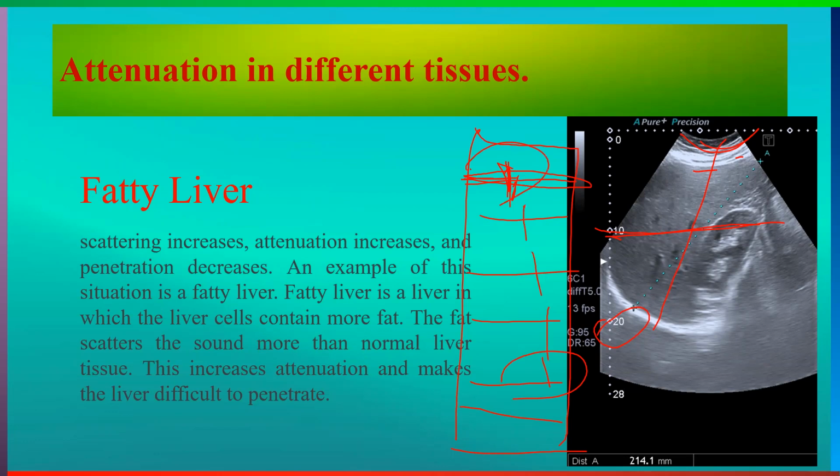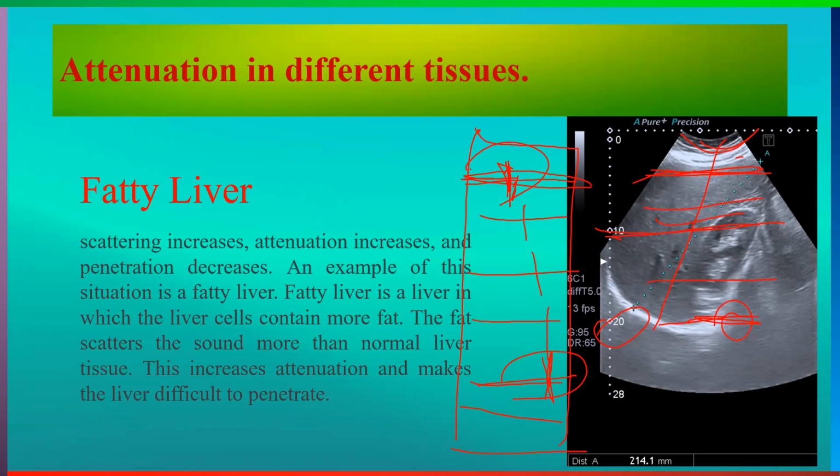This deep sliding knob represents the deep part of the image, and the superficial knob represents the superficial part of the screen. And all these other knobs are representing the intermediate part in the screen. And gradually, echoes coming from the deep part are taking more time.